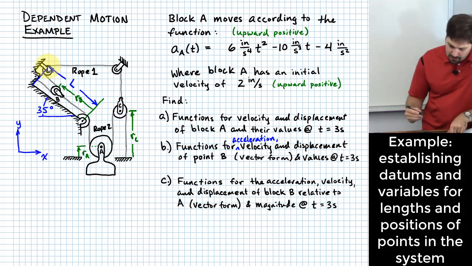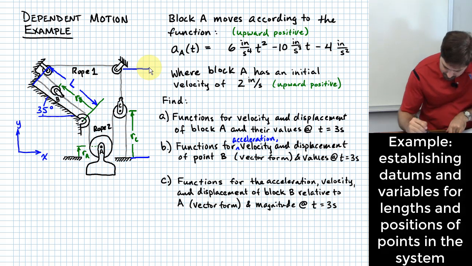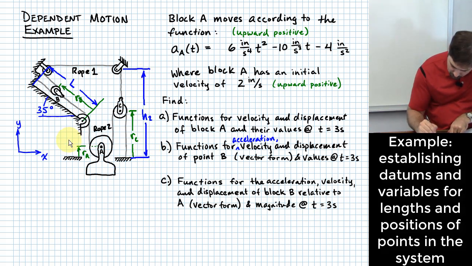Let me also define how far it is from this datum down here up to this height up here. We'll call this H2. I'm going to call this other height over here H1, up to this point.